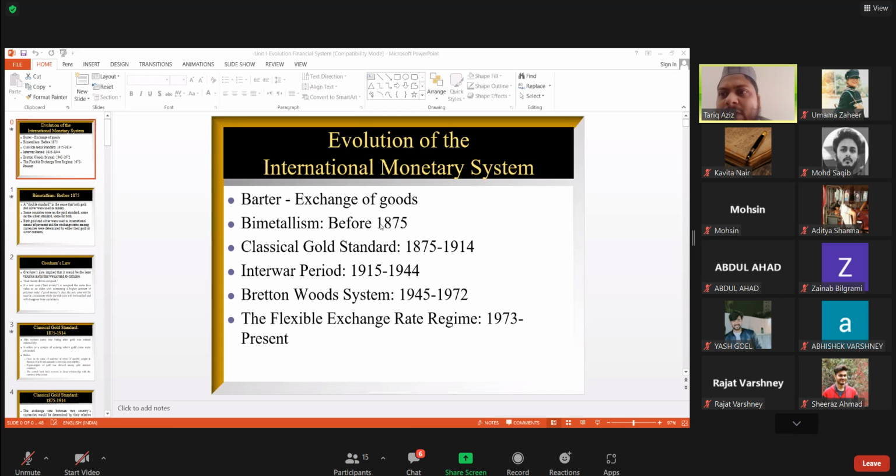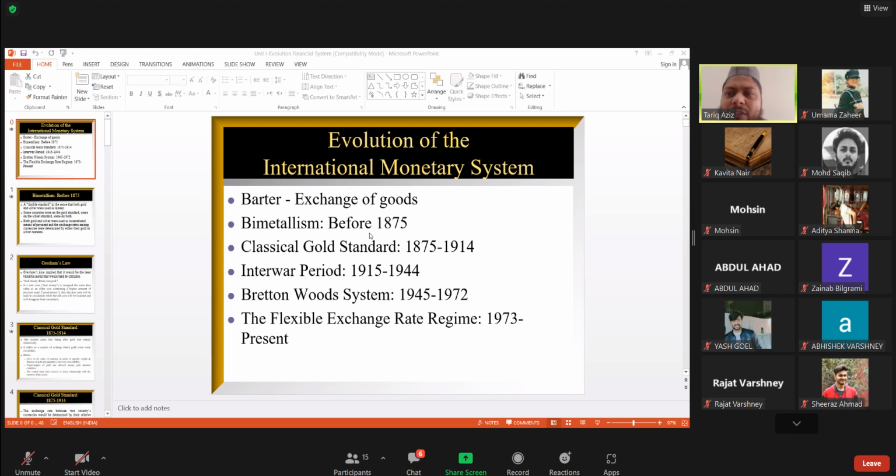Even in known civilizations, for example, in India, we have a very old civilization. Similarly, in Mesopotamia, we have very old civilizations. There are a lot of old civilizations. The remnants of those civilizations are still there, and there is some evidence that indicates that currency was used even in those civilizations.